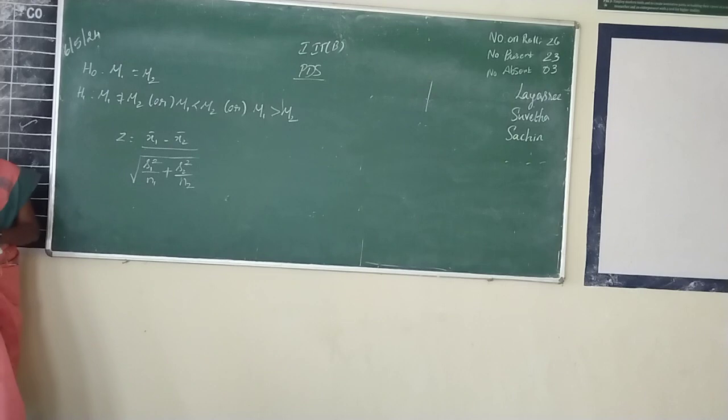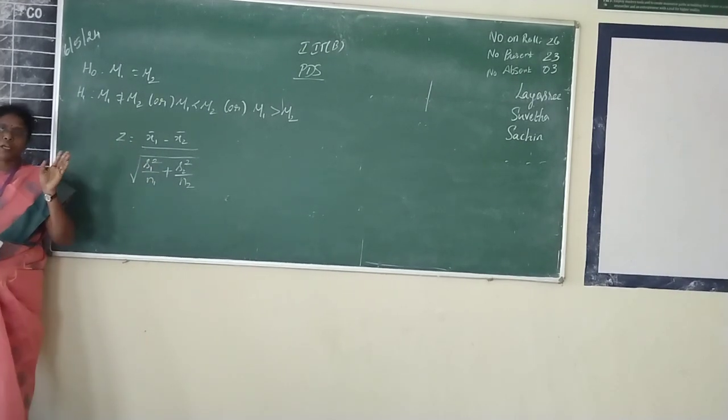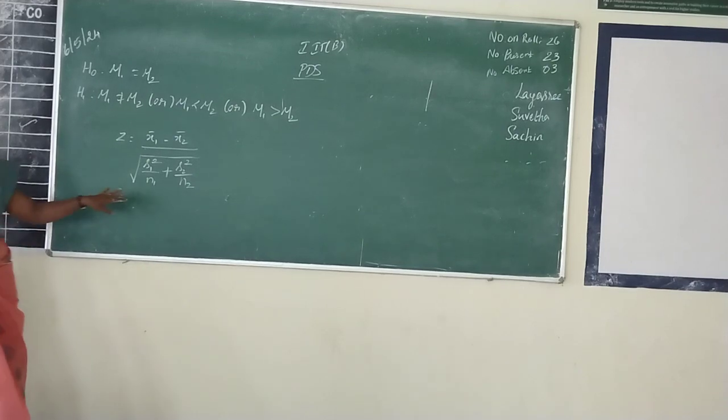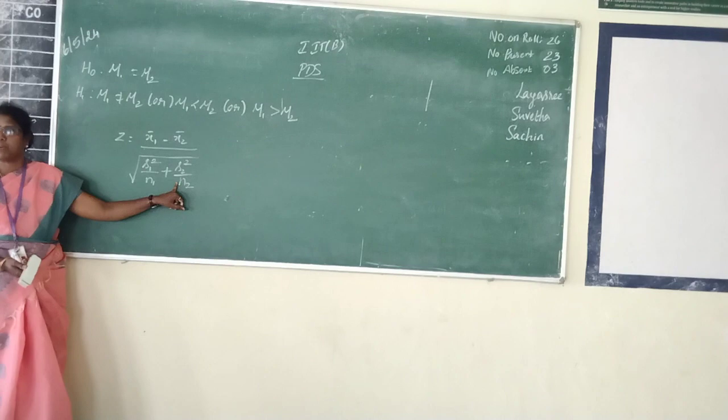We will make use of this formula frequently. Instead of s1 and s2, if we are given sigma 1 and sigma 2, same formula. Just replace s1, s2 with sigma 1, sigma 2. So sigma 1 square by n1 plus sigma 2 square by n2.